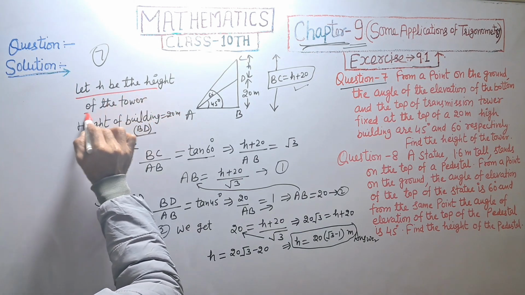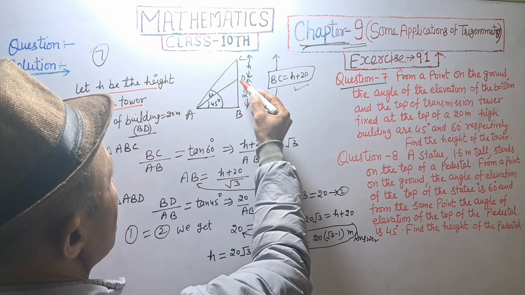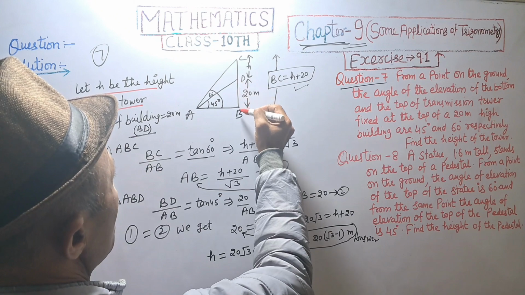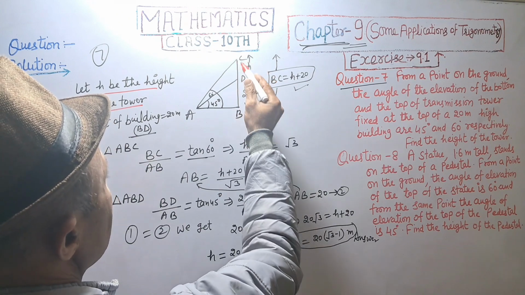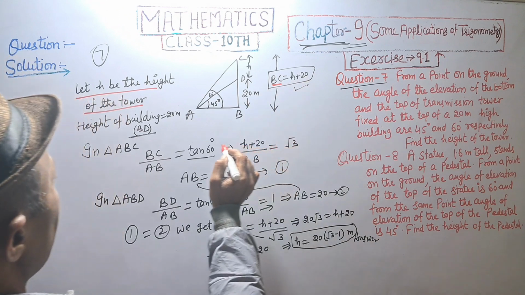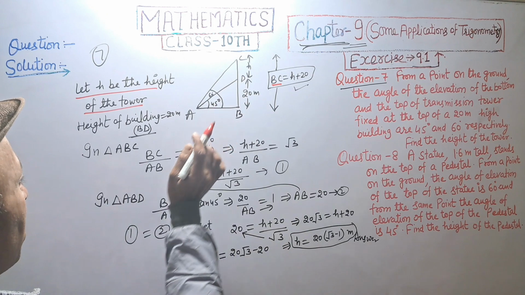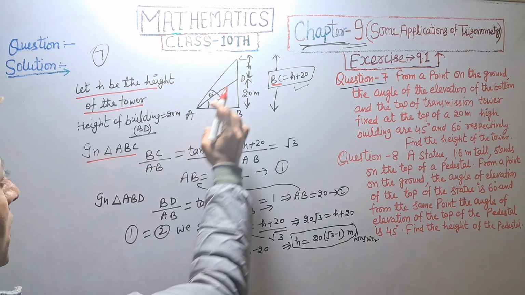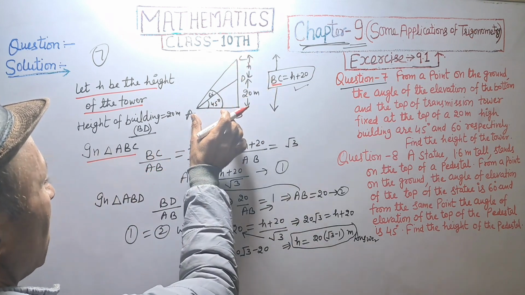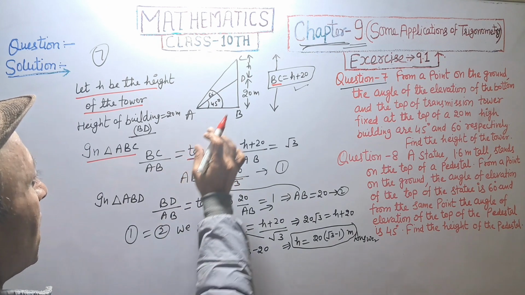Let h be the height of the tower, and the height of the building is 20 meters. So the total height CB is equal to h plus 20. In triangle ABC, BC upon AB is equal to tangent 60 degrees.